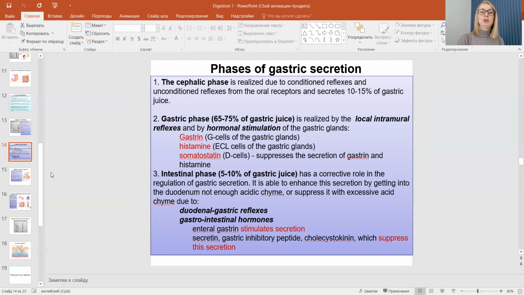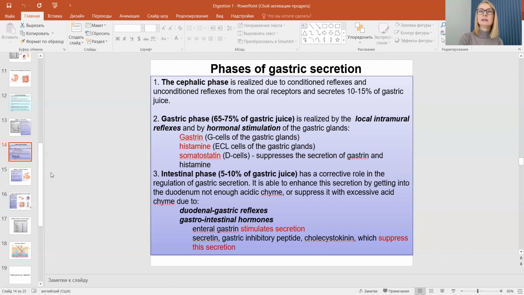The third phase is called the intestinal phase. The entrance of chyme into the duodenum of the small intestine stimulates neural and hormonal mechanisms that inhibit stomach secretions.